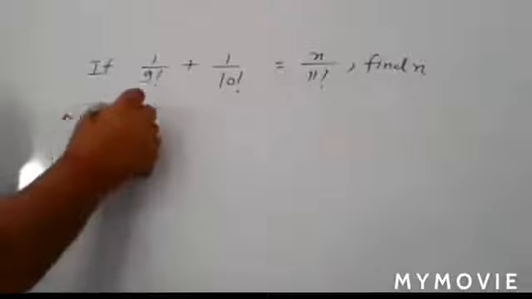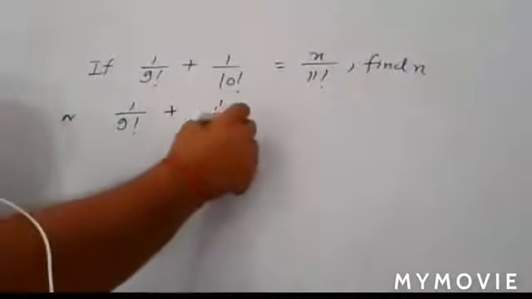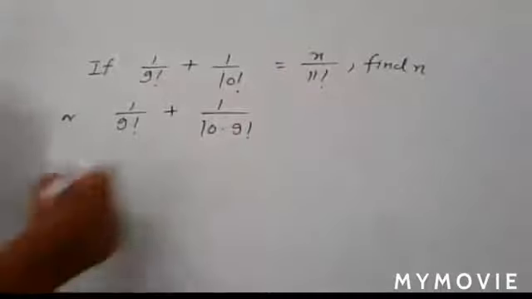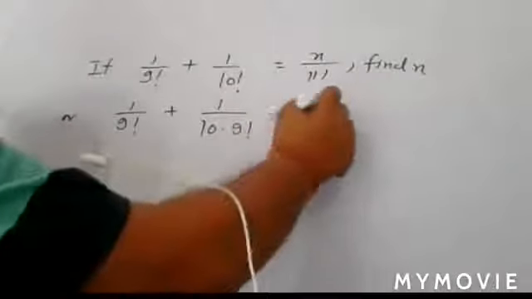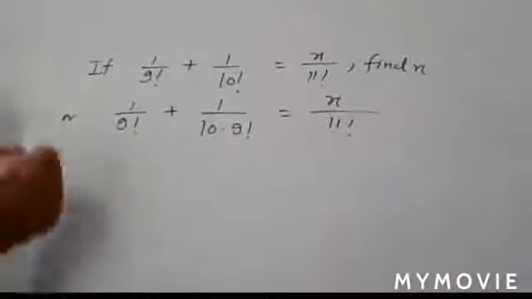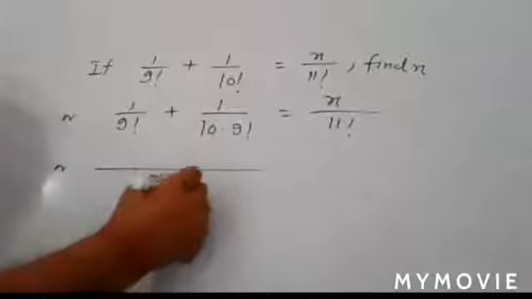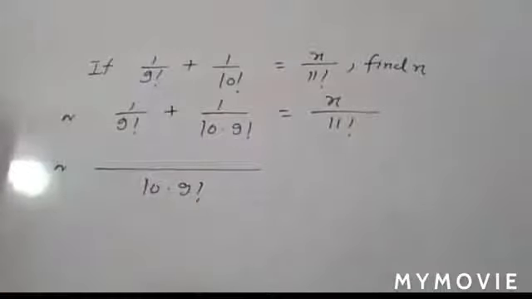So you write 1 upon 9 factorial plus 1 upon 10 into 9 factorial, and here you have x upon 11 factorial. Now you take the LCM. Your LCM is 10 into 9 factorial.